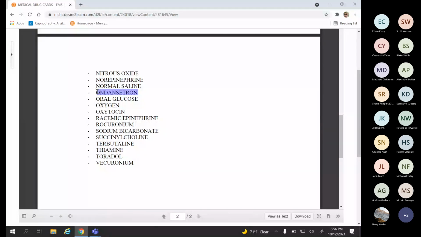Rocuronium. What do we use it for? Paralytic. What type of paralytic? Non-depolarizing, absolutely. So we don't see the fasciculations, the muscle twitches, when we give it. Rocuronium lasts a lot longer than its counterpart, Sux. Sux has a very short half-life, generally 5 to 10 minutes.